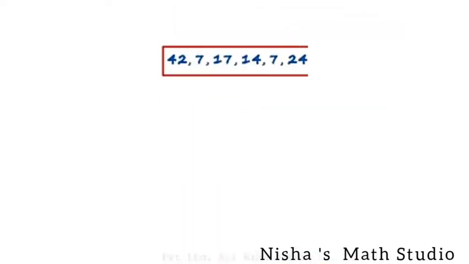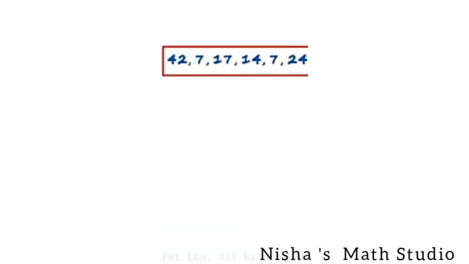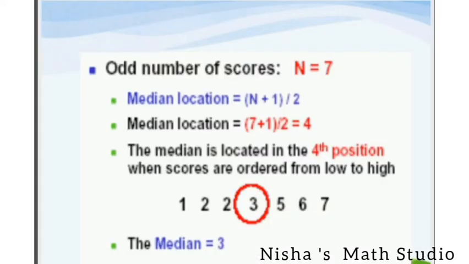But if you look at this example, there are 6 datas given. Here 6 plus 1 by 2 will give you 7 by 2, which is equal to 3.5. So finding the median when even numbers of data are given, you learn it in your next chapter. Now you know that when odd numbers of scores are given, we have to find the median location as n plus 1 by 2 and the score in that location will be its median.